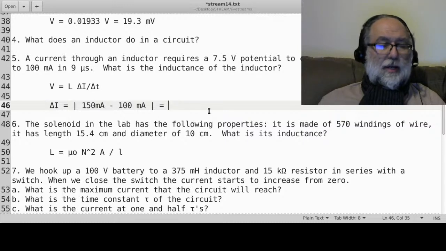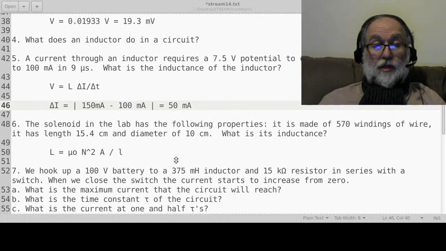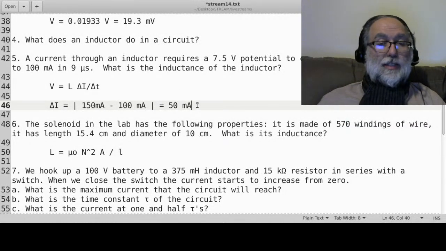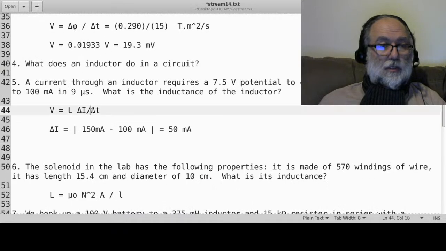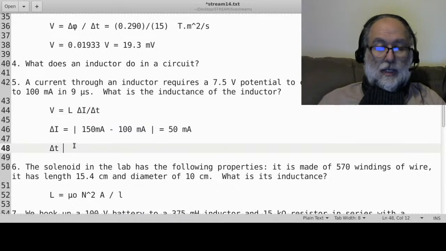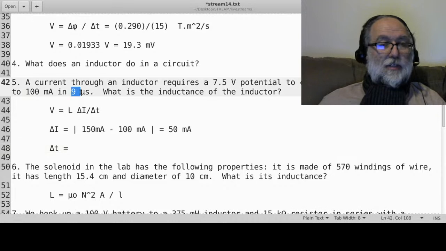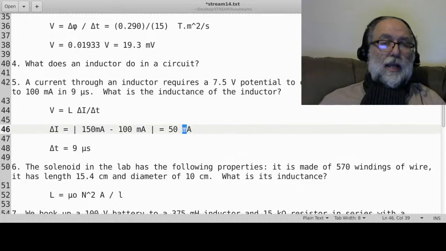So 150 minus 100, that's 50 milliamps. There's your change in current. How long does it take to do that? Well, that's delta T. Delta T is equal to 9 microseconds. Now micro and milli, what are they?